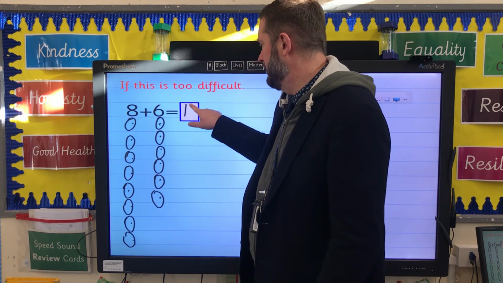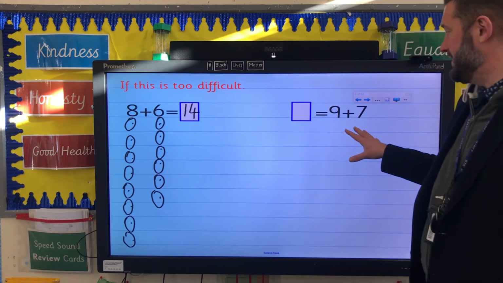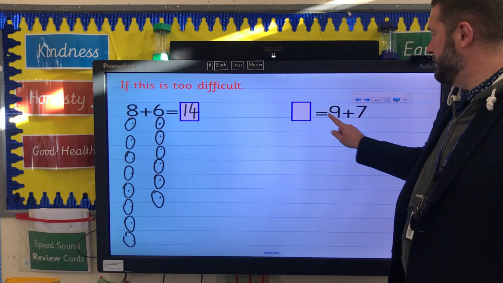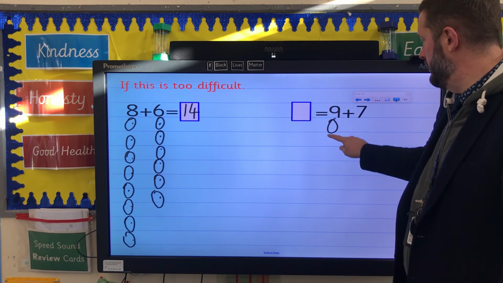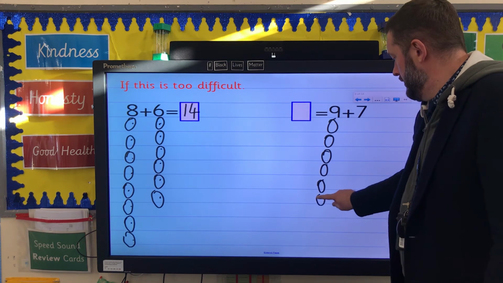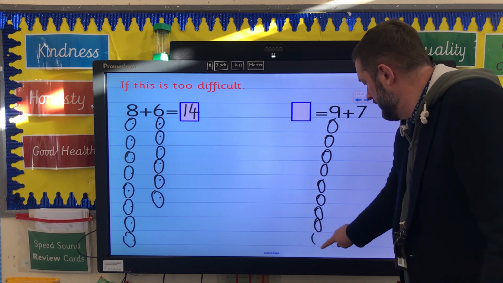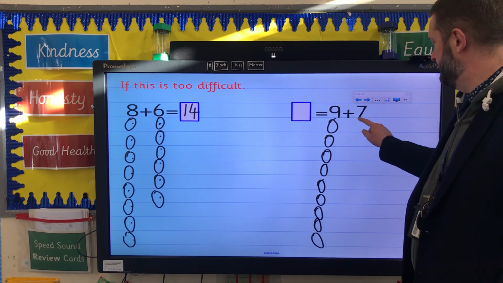Well done. Okay? And this one is exactly the same, but our answer comes first. So I'm going to make this number, which is the number 9. Count with me. Now I'm going to make this number, which is number 7.